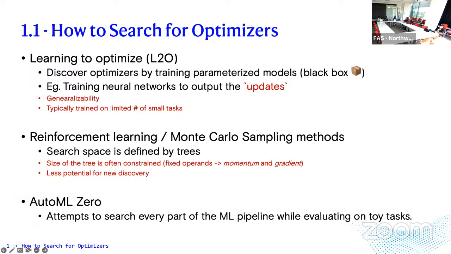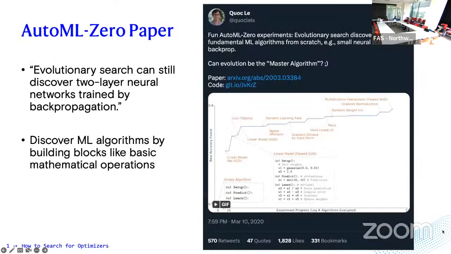However, AutoML-Zero, which was proposed in 2020, has been a very good effort in tackling searching for new programs. If we briefly look at what AutoML-Zero is, they want to discover an algorithm from basic mathematical operations.